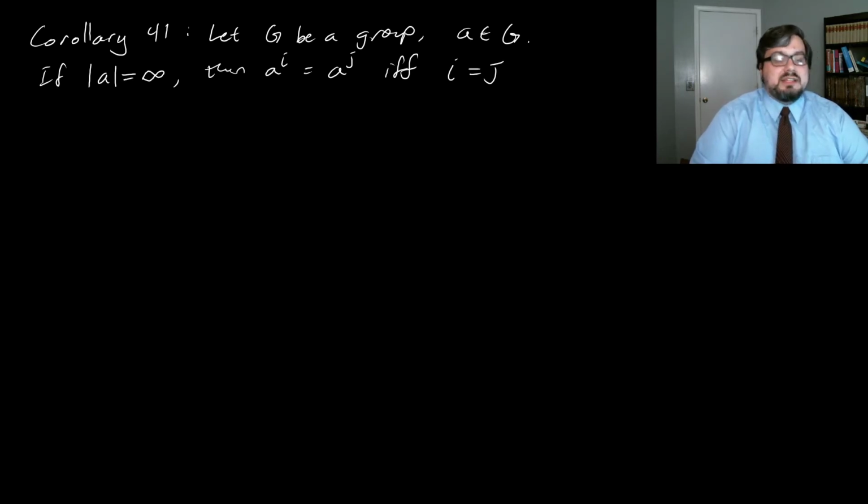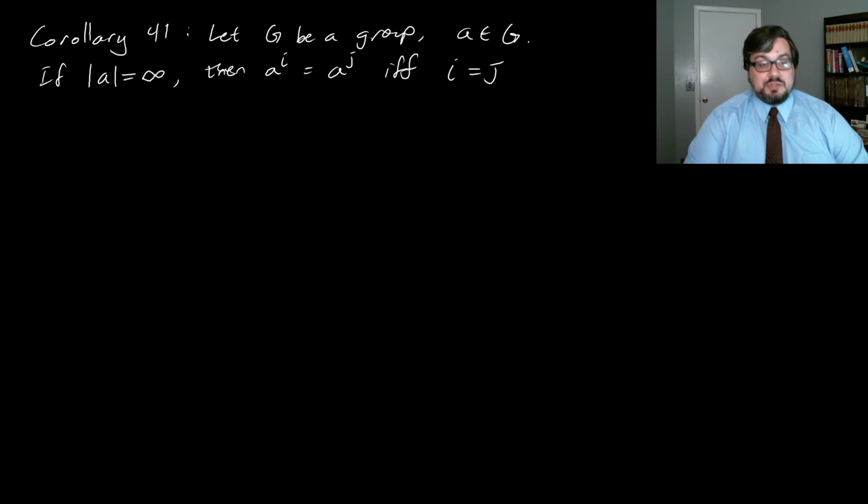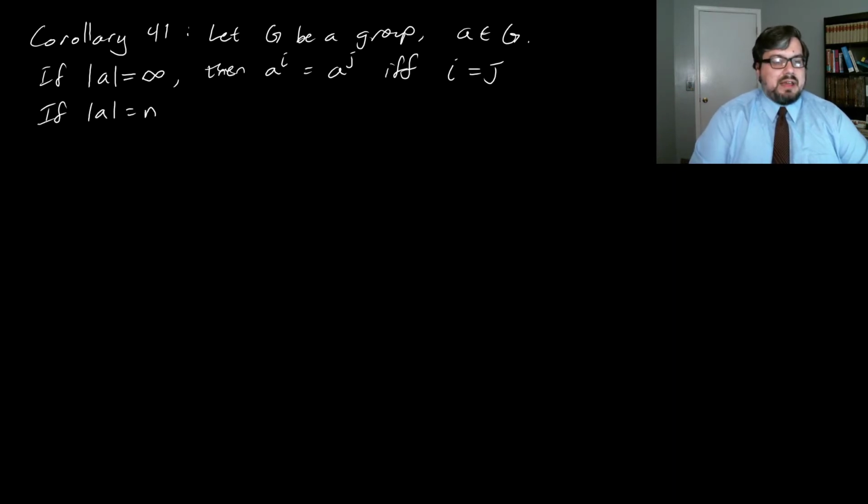This first part is if the order of A is infinite, then A to the I equals A to the J if and only if I equals J. And then if the order of A is some number n which is finite, then A to the I equals A to the J if and only if n divides I minus J.